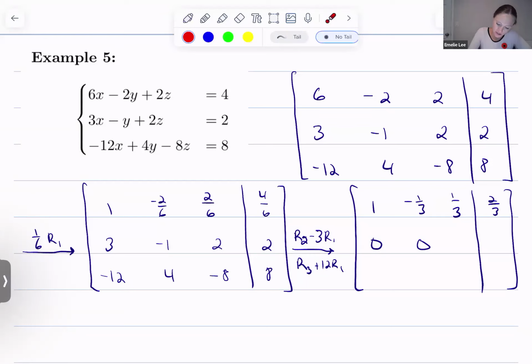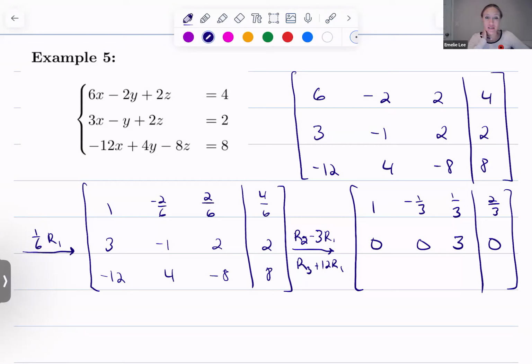How about negative 3 times 1 over 3 is still going to be 1. So 2 plus 1 is 3. And then we have 2 over 3 times 3 is 2, but I have 2 minus 2, which makes 0.